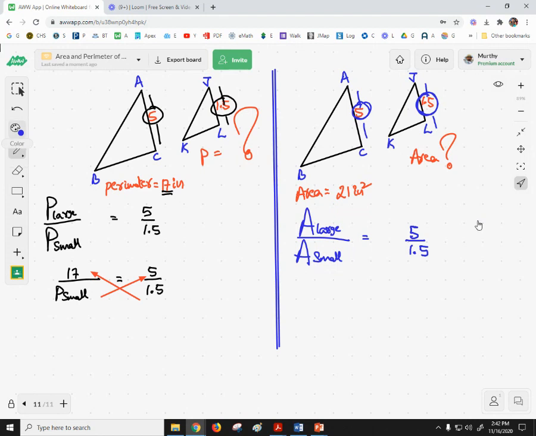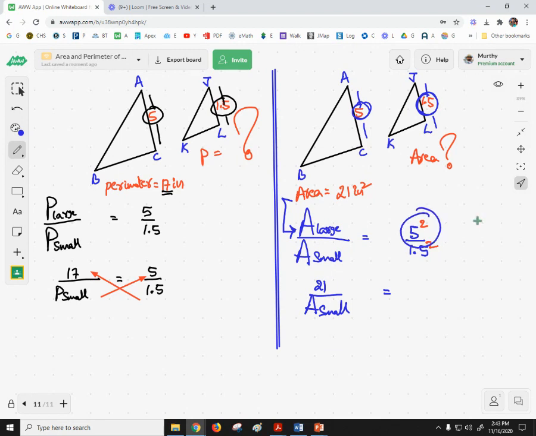If you write this way, you may end up with a wrong answer, because while computing areas, you have to take side square over side square. Don't forget, when you are computing the areas, you have to take side square over side square. Now, area of the large triangle is 21, and area of the small triangle, I don't know, equals to.